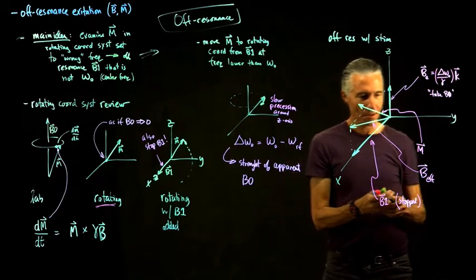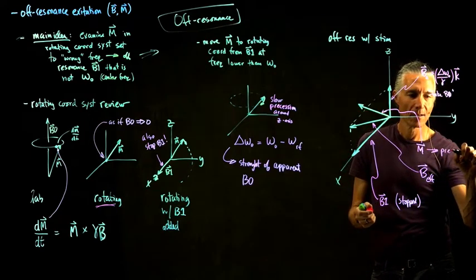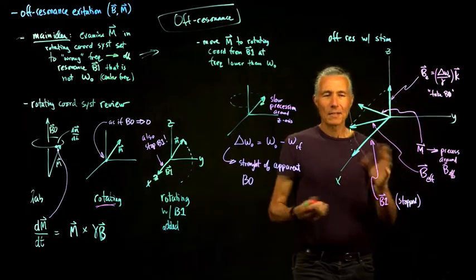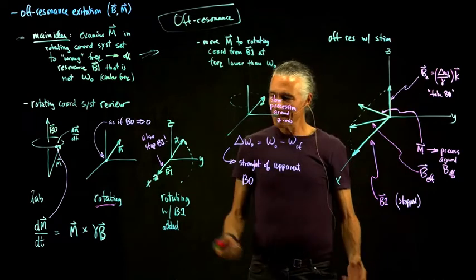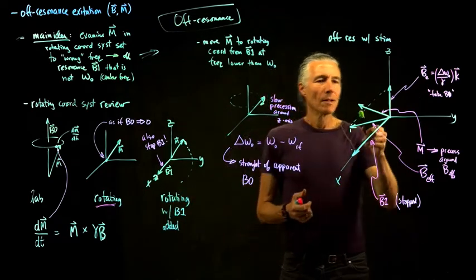So M will precess around B effective. So even in this messed up, wrong coordinate system, we can still apply that same basic relationship. And so what is that going to do?